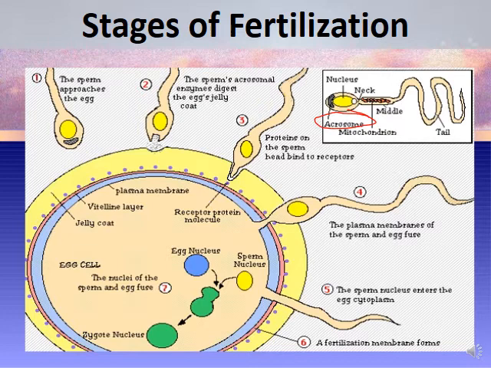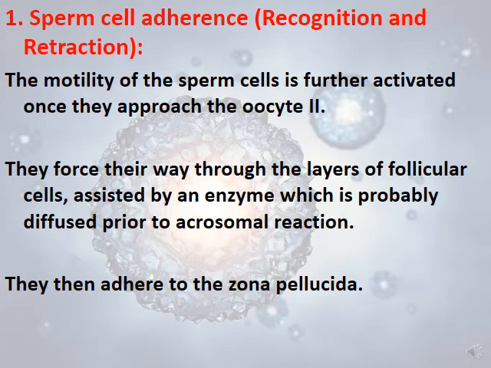The sperm nucleus enters the egg cytoplasm, and the fertilization membrane will form. At the end, the nuclei of the egg and the sperm fuse together, and then we have the zygote nucleus.